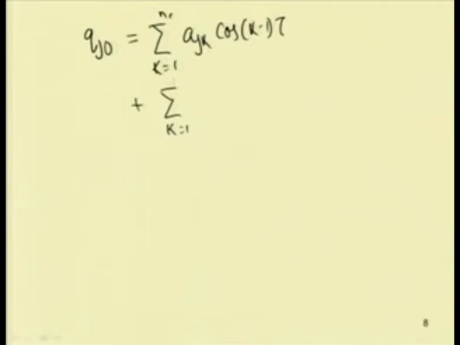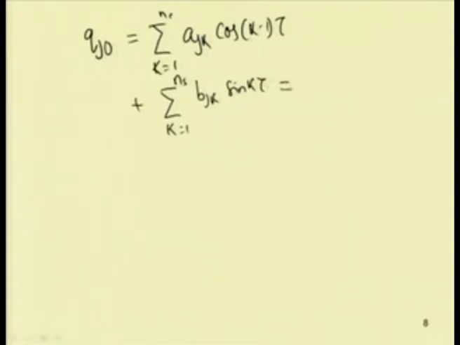So, this is the sum over k equal to 1 to n c of cosine terms, where n c represents the number of cosine terms: a j k cos of k minus 1 tau. Similarly, I can write the sum over k equal to 1 to n s, where n s represents the number of sine terms we are considering, that is b j k sin k tau.